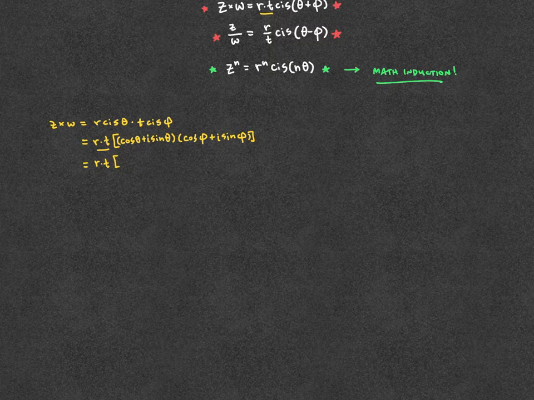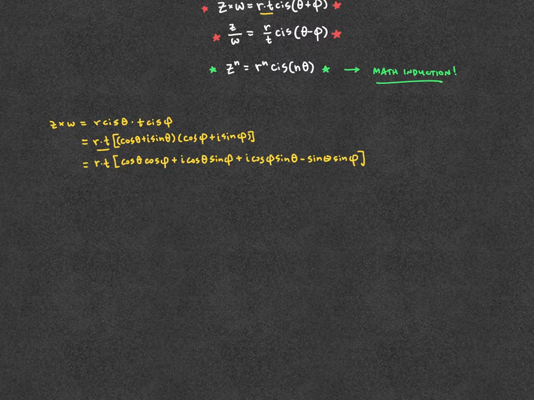That'll be cosine theta, cosine phi, plus i cosine theta, this will be our outside, sine of phi, plus i cosine of phi, sine of theta, that's our inside, and our last will be i squared, which is a -1, sine theta, sine phi.